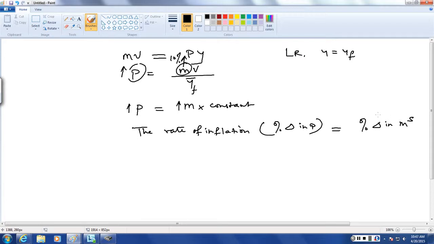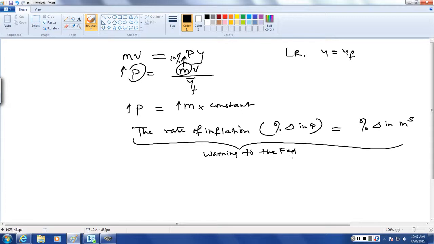So what this is basically saying is, in a sense, a warning. This statement here is a warning to the Fed. And what kind of warning is it? Basically, it's warning the Fed that if the Fed raises the money supply rapidly, then there should be high inflation in the economy in the long run.